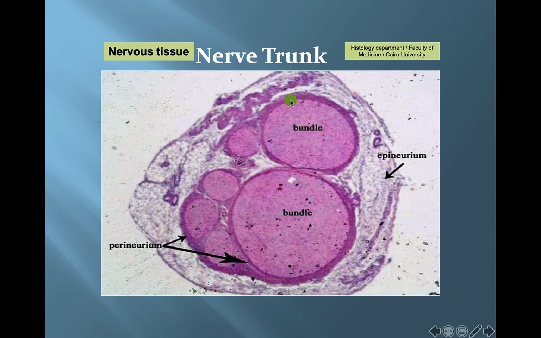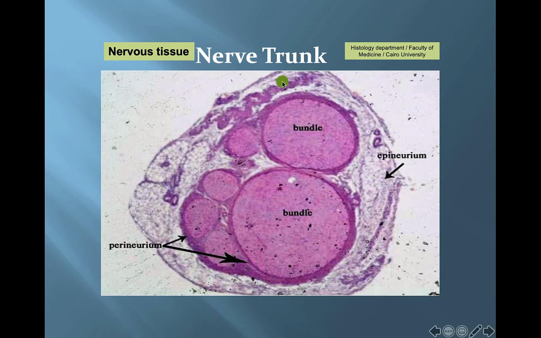Then we have the nerve fibers, in the form of bundles, surrounded by connective tissue called perineurium, and this is formed of tightly joined cells. Then in the center of the bundles, in between the nerve fibers, we have a very pale connective tissue called endoneurium, formed of reticular fibers.